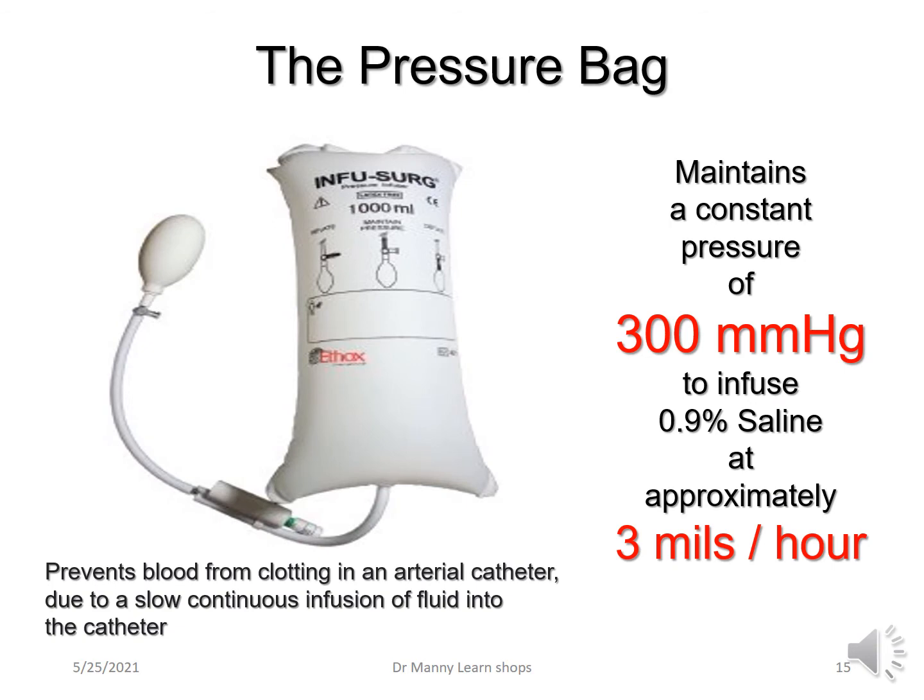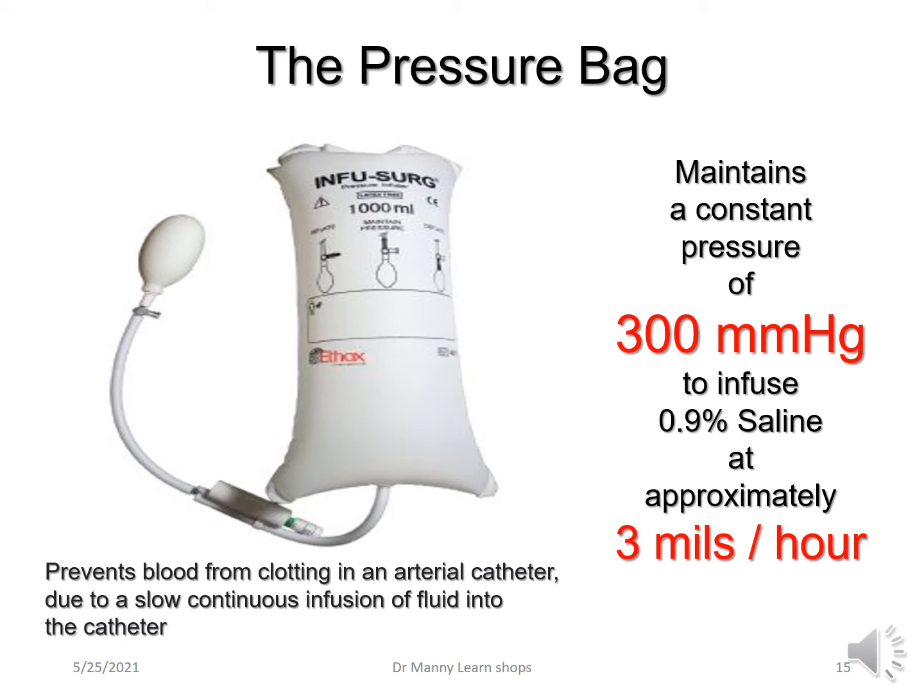So what's the pressure bag? Well, the pressure bag maintains a constant pressure of approximately 300 millimeters of mercury, and the rationale is to infuse normal saline at approximately 2 to 3 mils per hour.